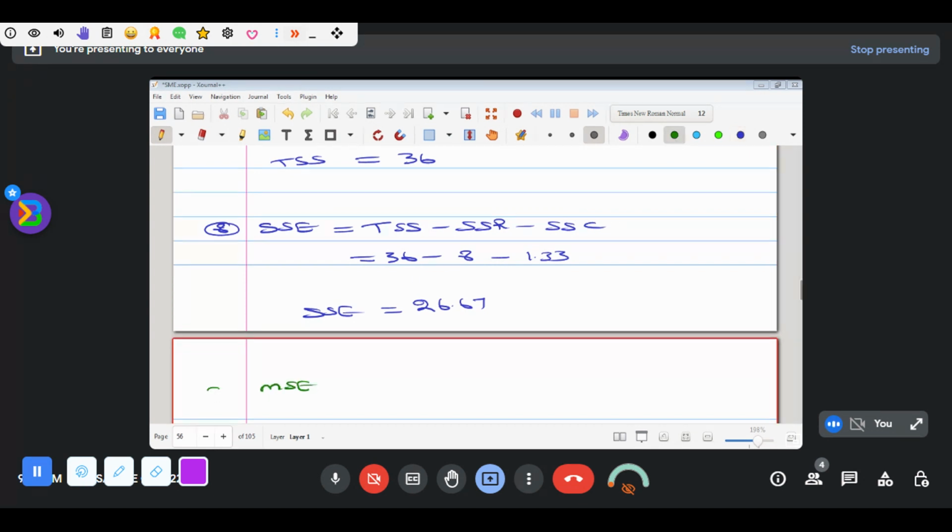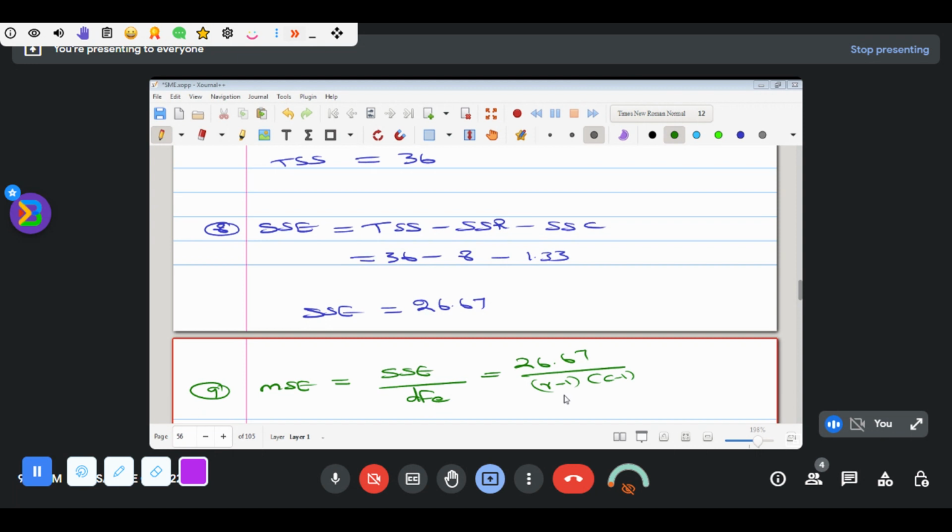MSE, the ninth calculation. What is the formula? SSE divided by degrees of freedom in the error term. That is 26.67 divided by, what is the formula? R minus 1 into column minus 1. What is R?